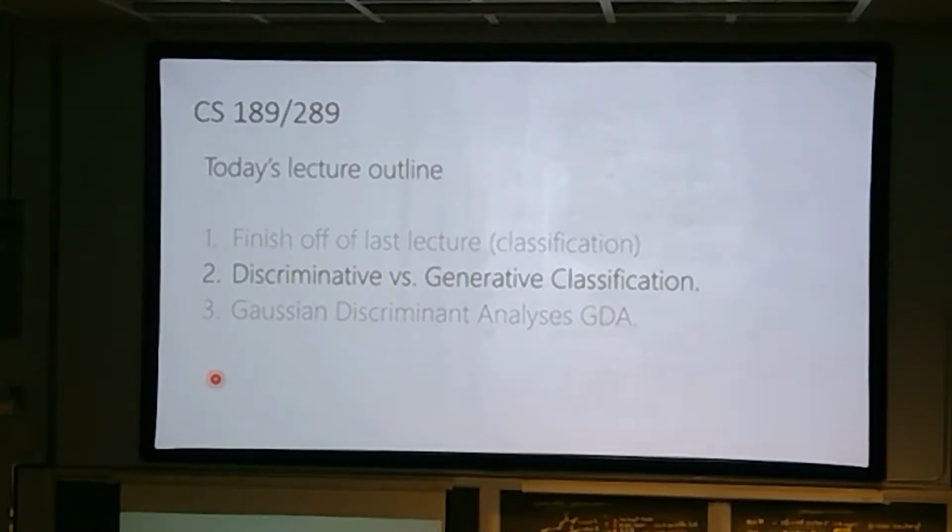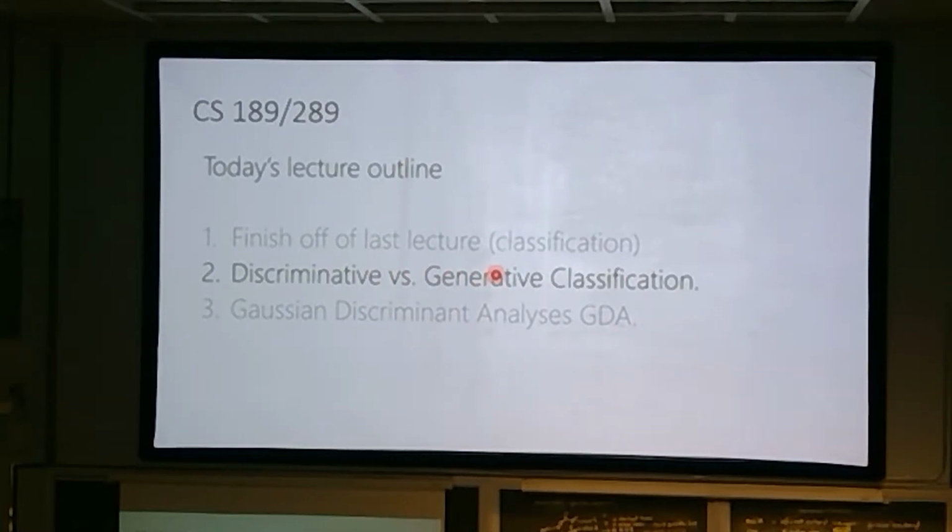So now we're going to move into thinking about classification in a different way, with two kinds of classification models, of which we've seen one so far. Logistic regression, it turns out, is a discriminative model, and today we're going to try to understand the difference between discriminative and generative classifiers.